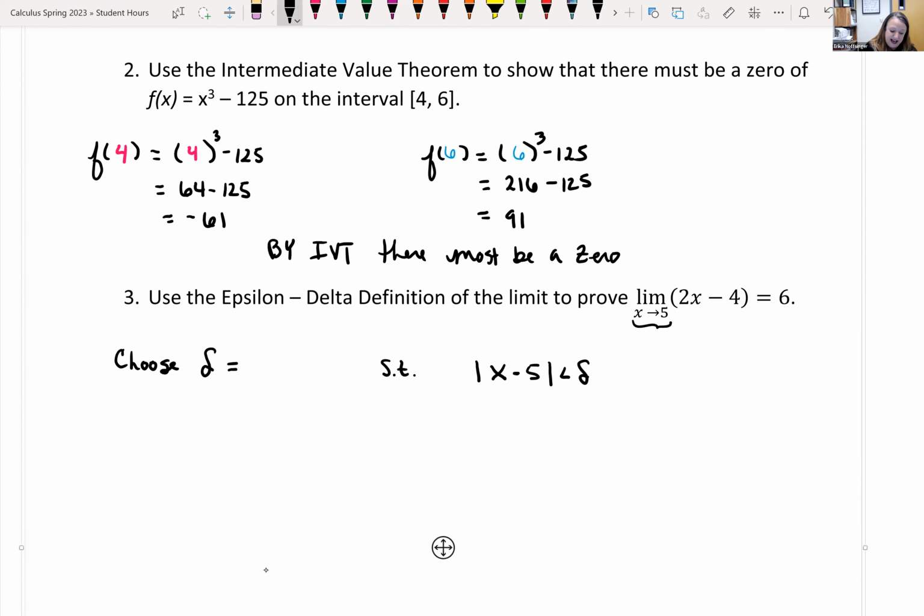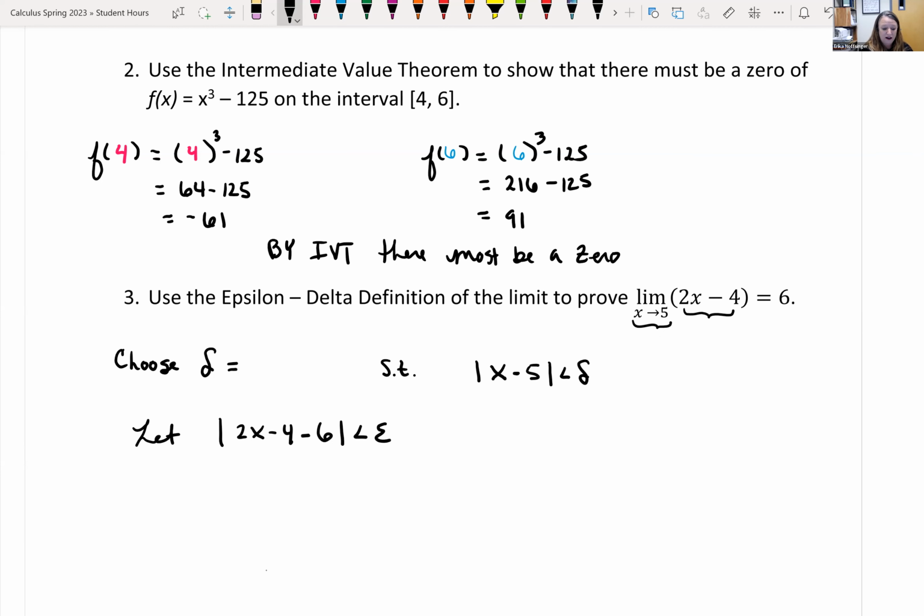And we know that our function, f of x, which in our case right here, f of x is 2x minus 4, minus what the limit we're approaching, which is in this case 6, has to be less than epsilon. So we're going to let that hold true.